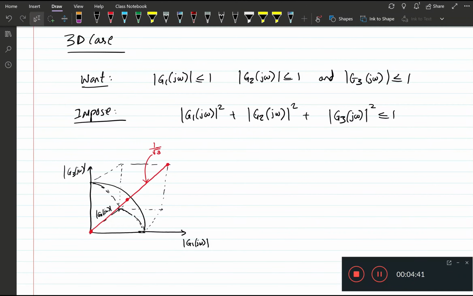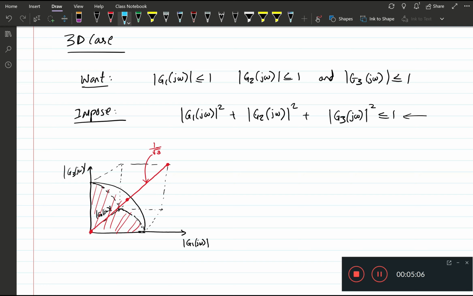Now we have this as the equation of a sphere. If we plot g1, g2 and g3 along the x, y and z axis, the imposed condition requires the points to lie within the sphere, and what we wanted was to allow all the points in this box.